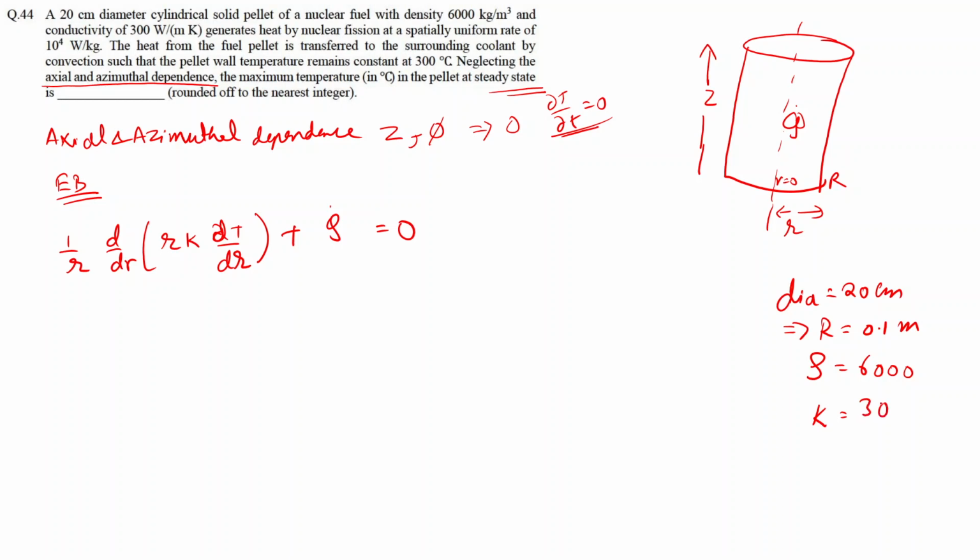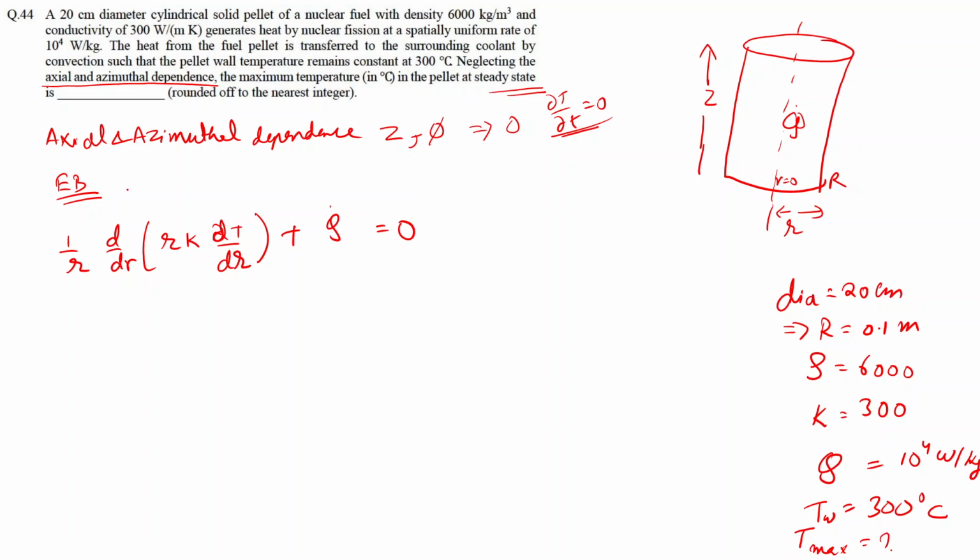Conductivity k is 300. Now q dot we have been given as 10 raised to 4 watt per kg. And the pellet wall temperature we have been given as 300 degrees Celsius. And we have to find Tmax.